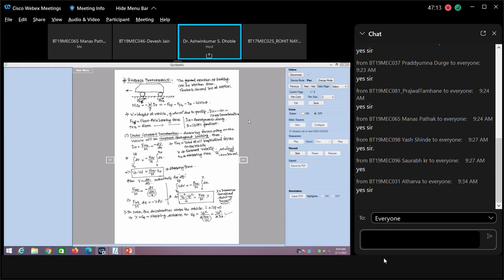And stopping time ts is equal to v0 divided by Fxt divided by m, so v0 by dx.